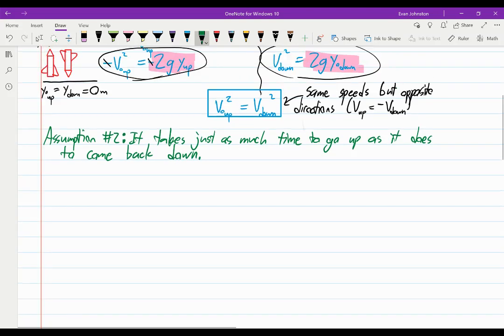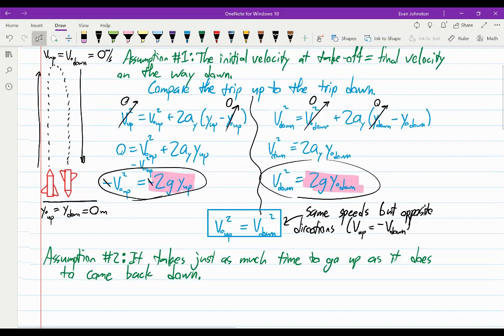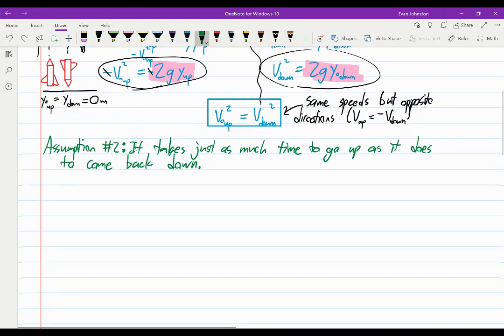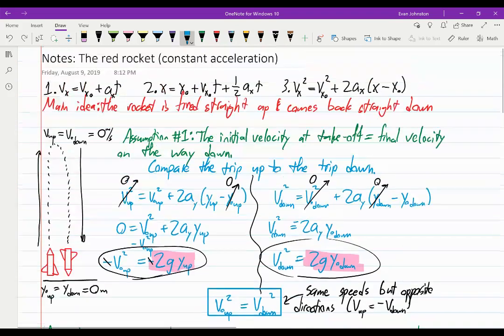Now, there's a problem we do where a baseball gets hit up, and from the time it leaves their hand to the time it comes all the way back down into their hand, it's like 3.3 seconds. So this is kind of proving that however long it took for our rocket to make it up is the same amount of time it takes for the rocket to fall back down. Hopefully that's intuitive, but let's see if that actually makes sense. So we're really going to use equation 1 now.